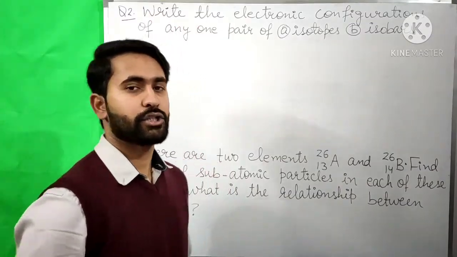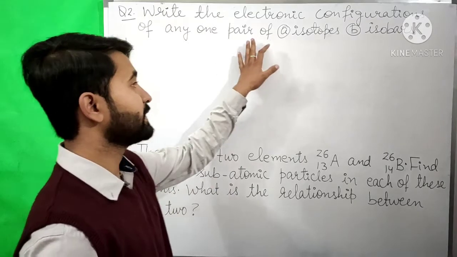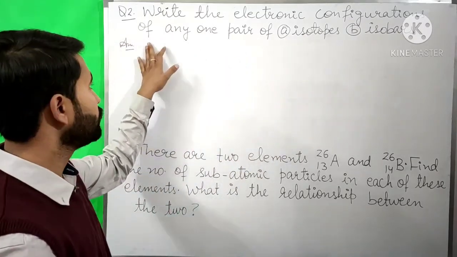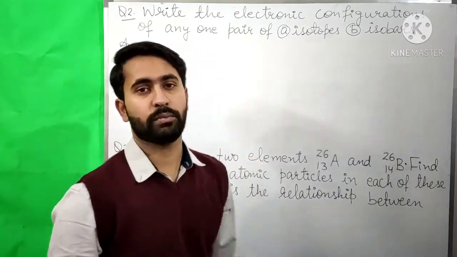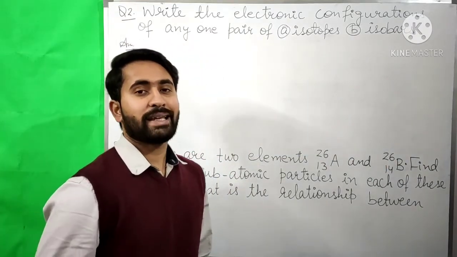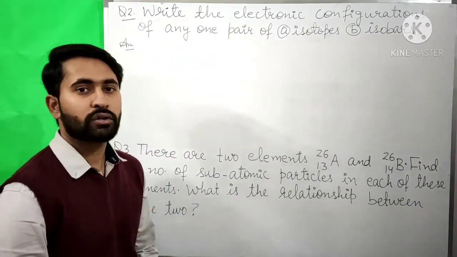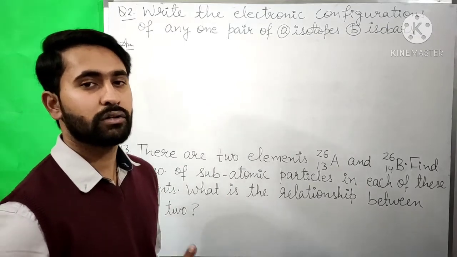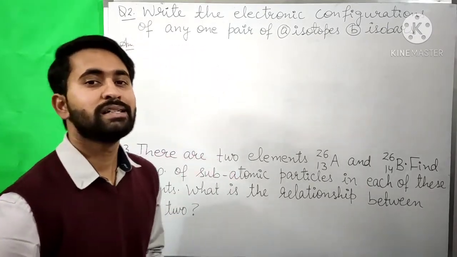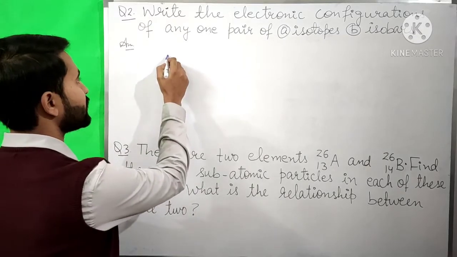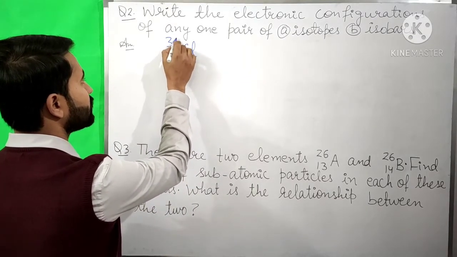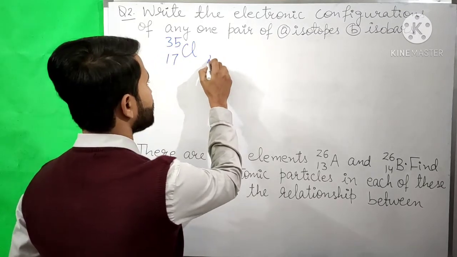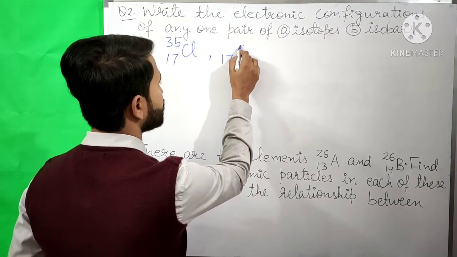Now the second question is, write the electronic configurations of any one pair of isotopes and isobars. So we will take the isotopes of chlorine. Chlorine has two isotopes, that is 17Cl35 and 17Cl37.